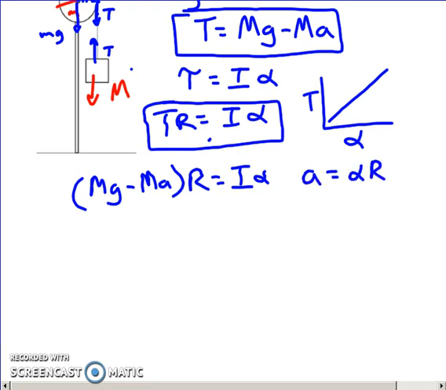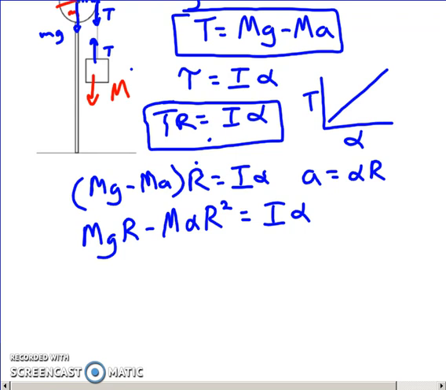Right? We know that relationship from kinematics. That's a very important relationship. So I can substitute that in, and now I have mg, I'm going to distribute the r, minus m alpha r squared. So I took out the a right here, put in alpha r, and then multiplied by this r. That's where I got the r squared equals I alpha.